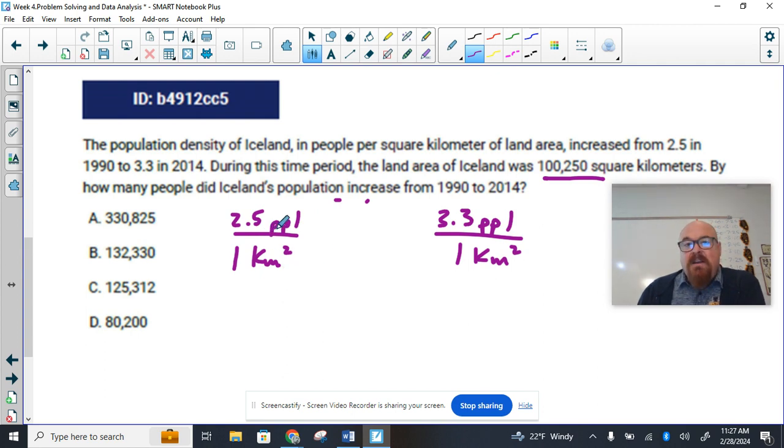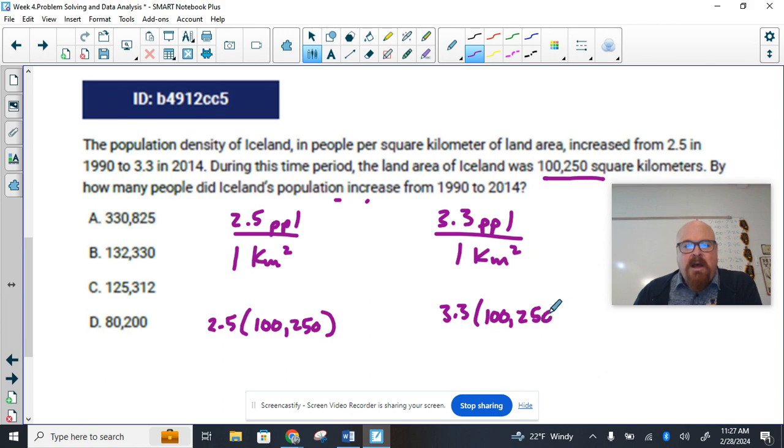We can find the population in 1990, because if it's 2.5 people per square kilometer, we can take 2.5 and multiply it times the number of square kilometers, right? And then we can do the same thing here in 2014. This will give us the actual population numbers here, right?